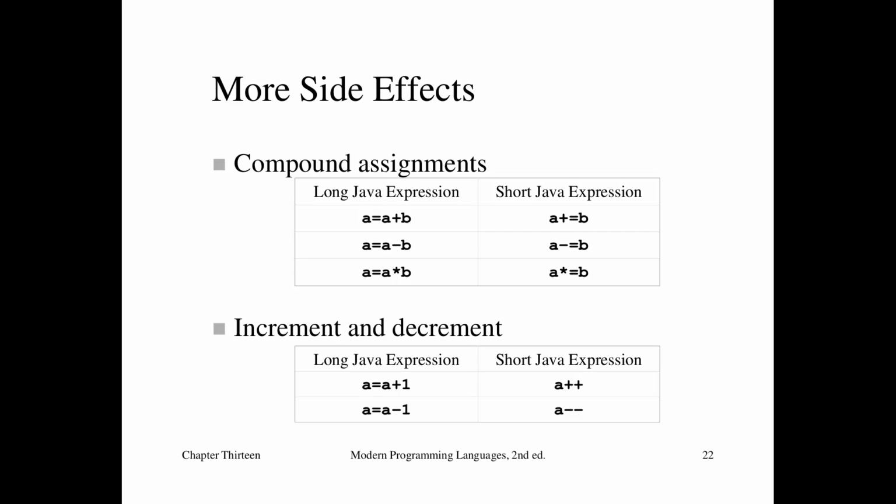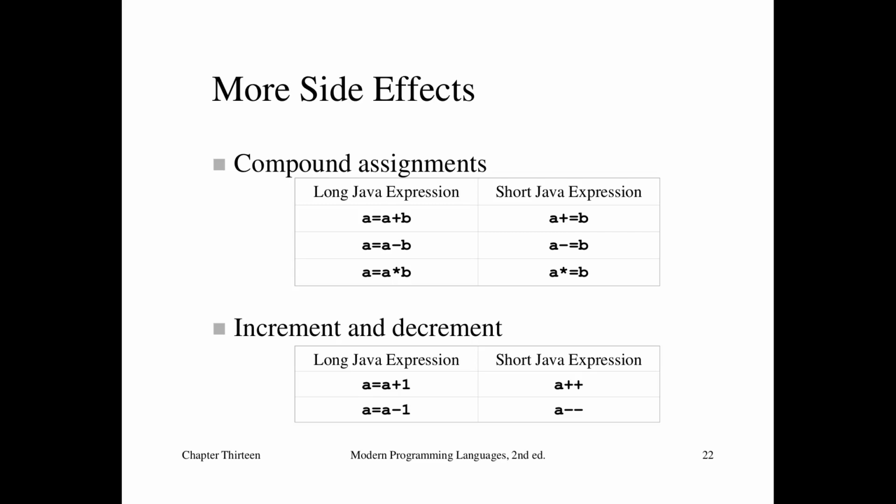They are not compiled to a single operation. If I put in the short Java expression for A plus equals B, that literally turns into two things: the evaluation of A plus B, and then the assignment of that value to A. Same with A minus equals B, A star equals B, and any other compound expression.